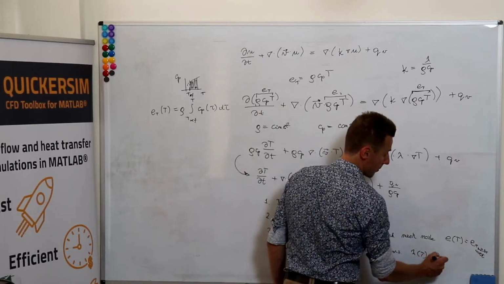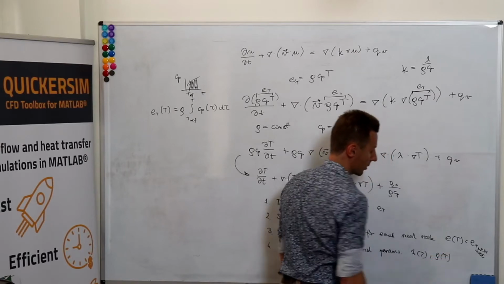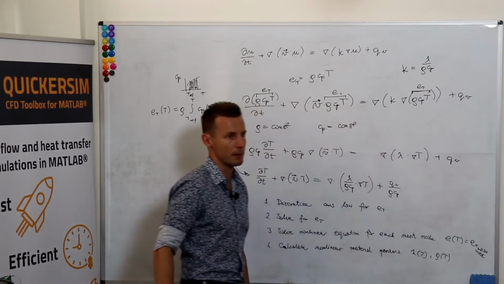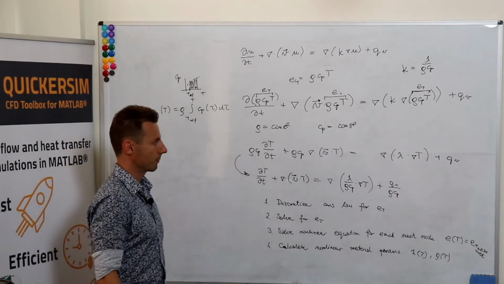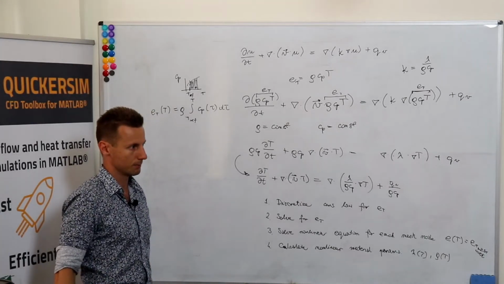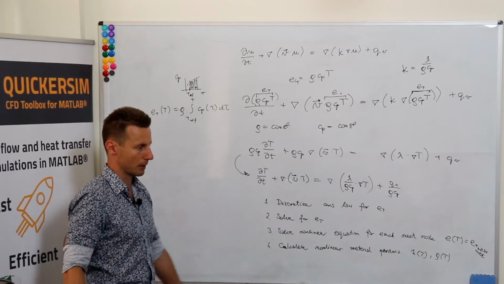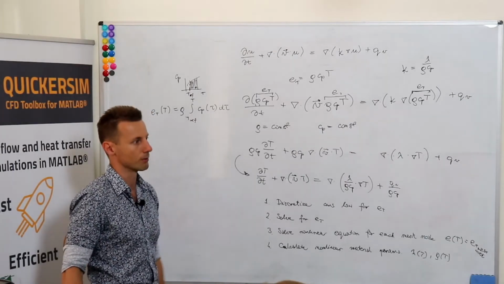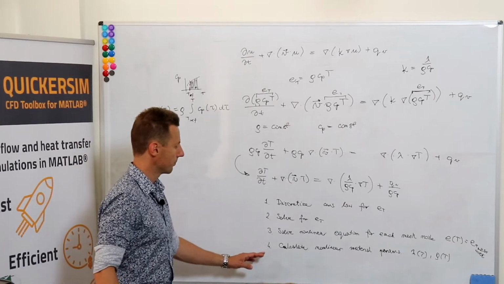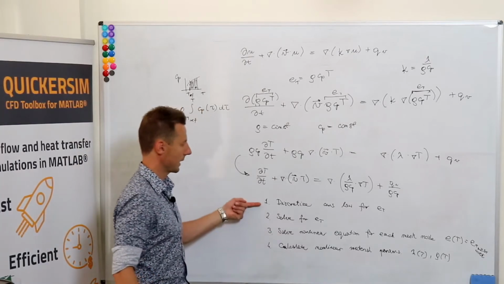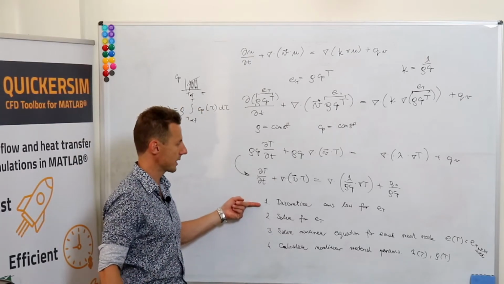In some cases, you might want the density to depend on temperature. Like, for example, water changes its density with respect to temperature. Water glycol, probably even more. And then you go again to this step.